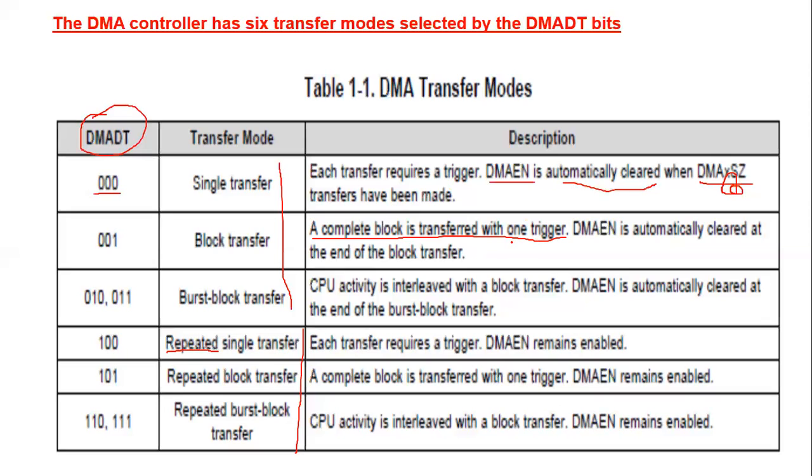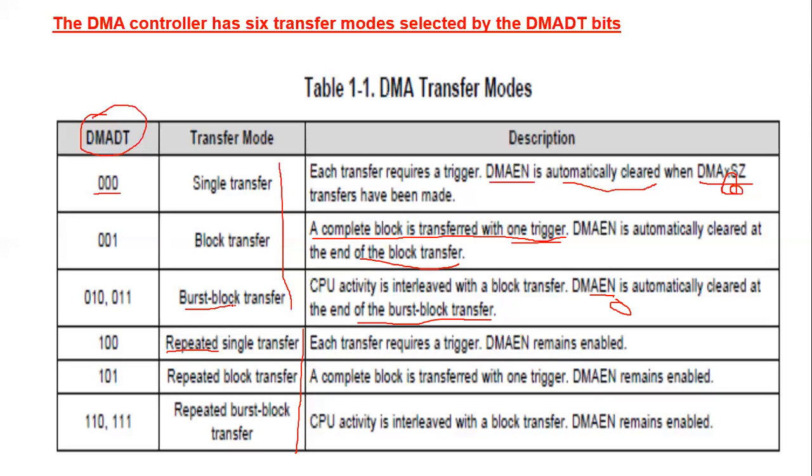So if you give one trigger, a total of 10 data are transferred. Once all the blocks are transferred, then only this DMA enable becomes 0, at the end of the block transferred.